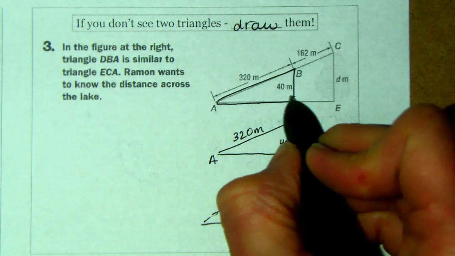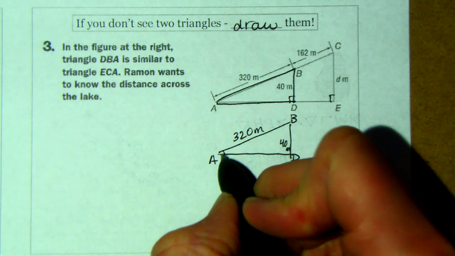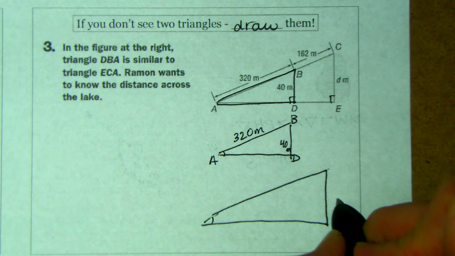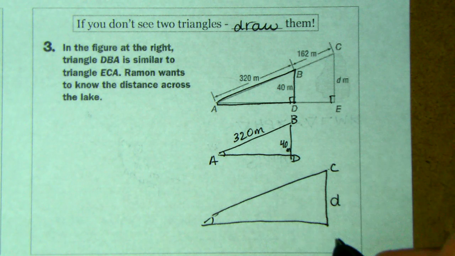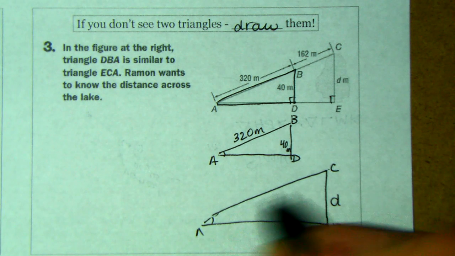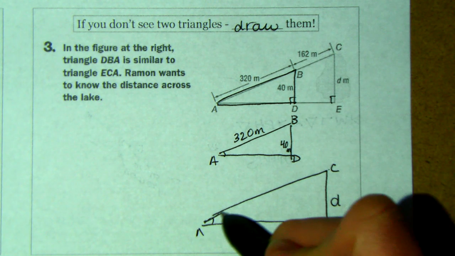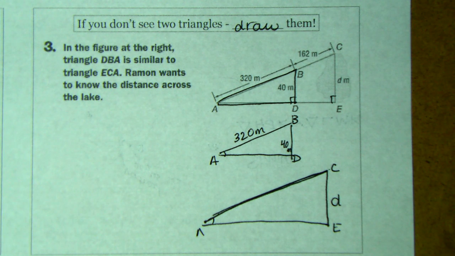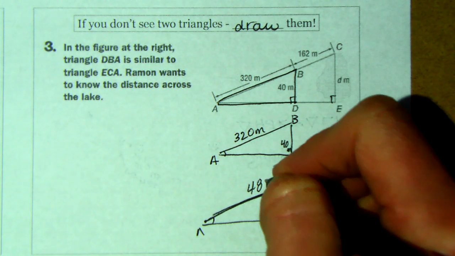Now this they don't know, that's D. And this is a little bit tricky because what's that distance? What do I have to do with those two numbers? Got to add them together. So what? 482? 482? Now, oh, I forgot this one. Oh, it's 40. I just didn't put it.